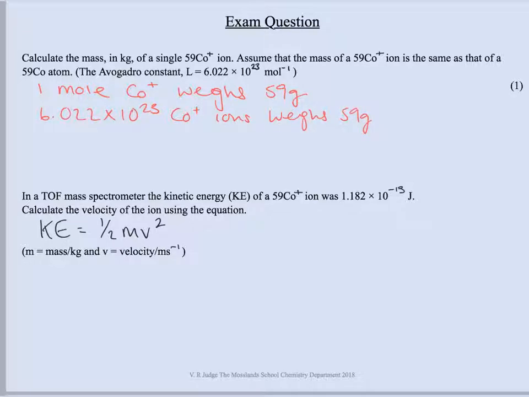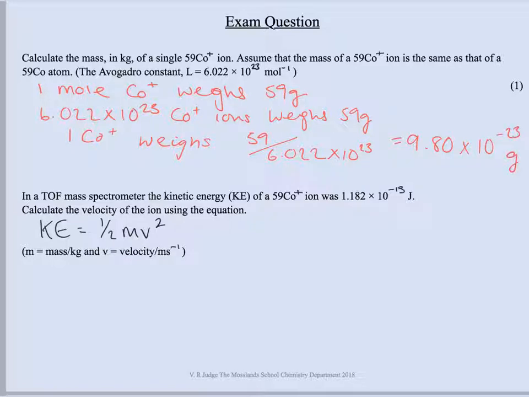So instead of 6.022 times 10 to the 23 cobalt plus ions, we want to know, what about 1 cobalt plus ion? What does that weigh? Well, to calculate that, you just need to do 59 divided by the Avogadro constant, 6.022 times 10 to the 23, and your answer should be 9.80 times 10 to the minus 23, and remember that's in grams.